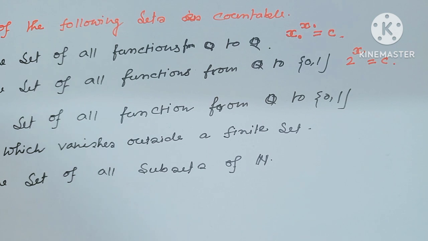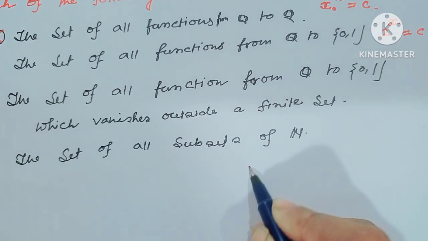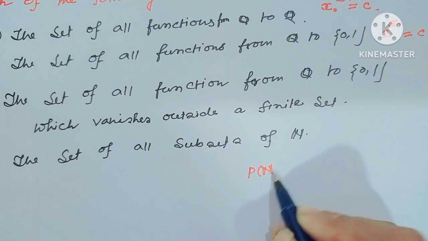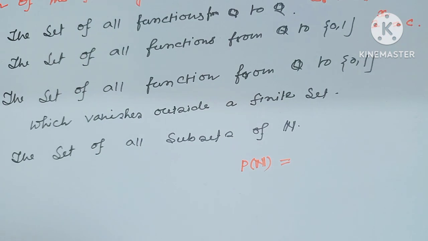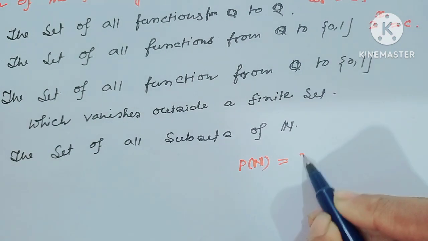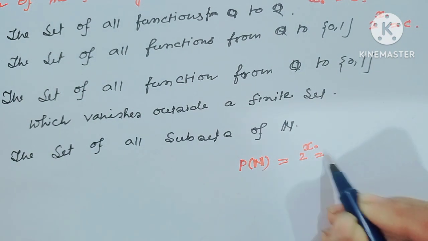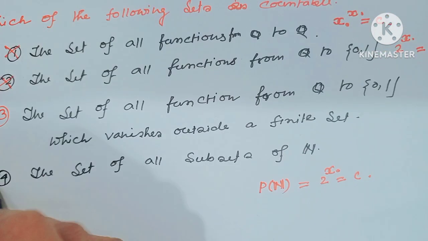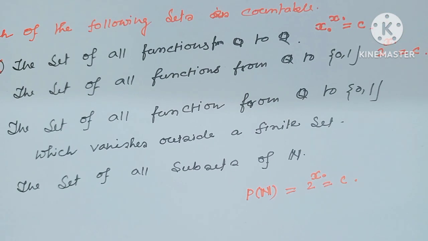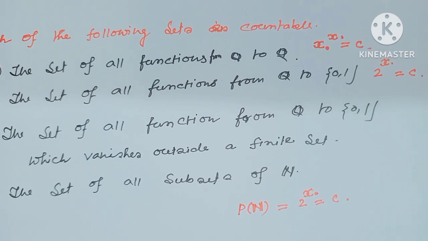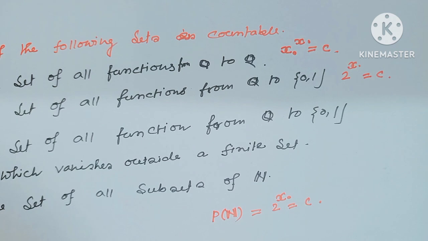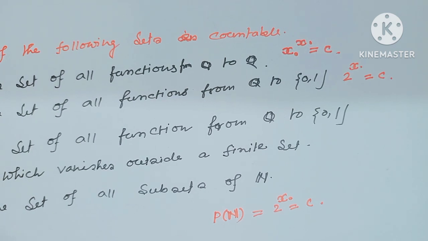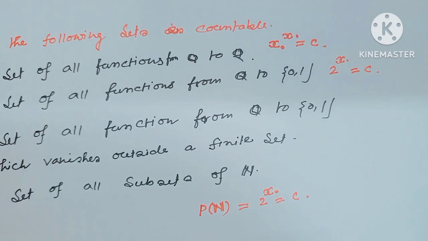The set of all subsets of natural numbers is denoted as the power set of natural numbers, which means 2 to the power aleph naught, and this equals the continuum C. So this is also a wrong option, because the question asks which of the following sets is countable. And option 3, the set of all functions from Q to {0,1} which vanish outside a finite set.